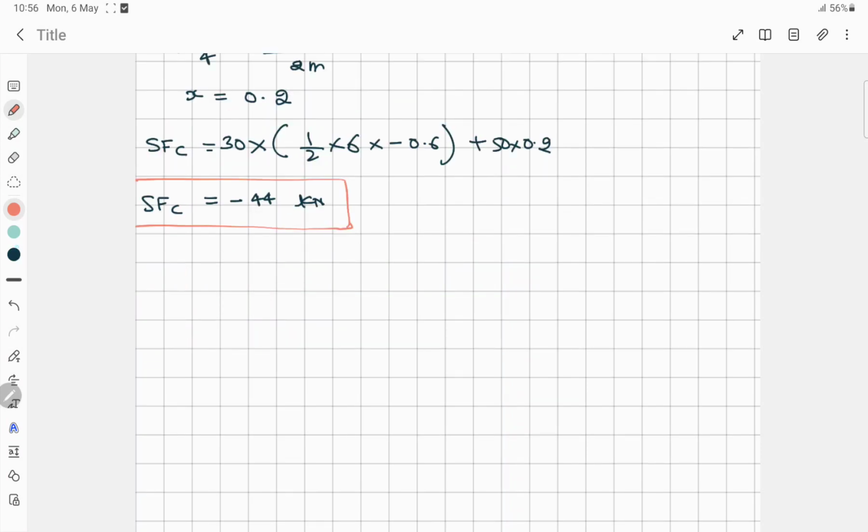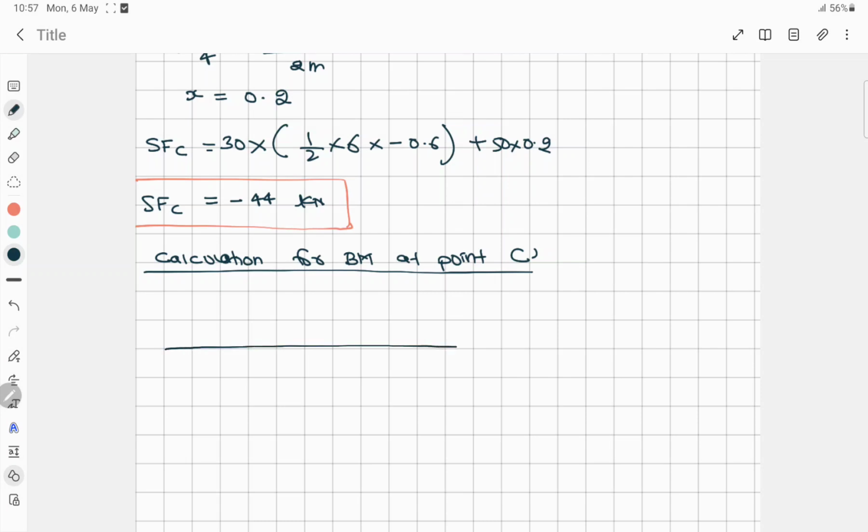Now we have to calculate the bending moment at point C. So write like this: calculation for bending moment at point C. Now again I have to redraw the diagram here.